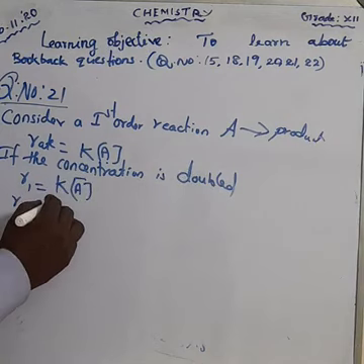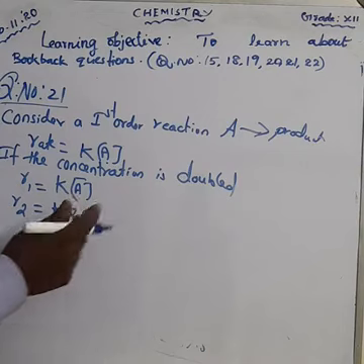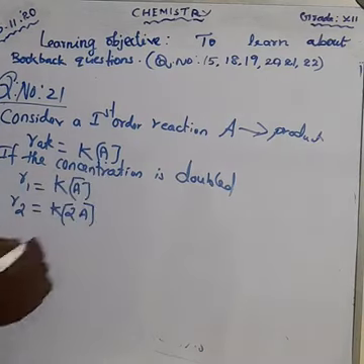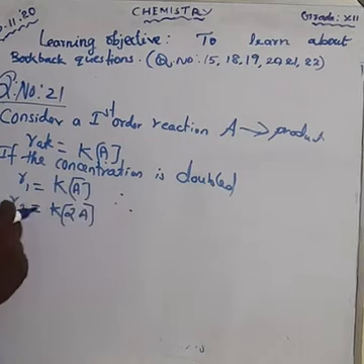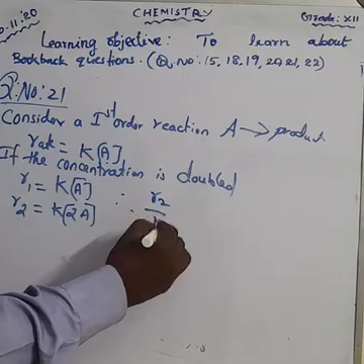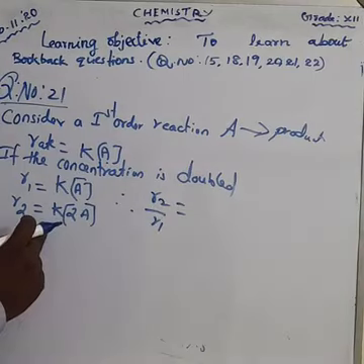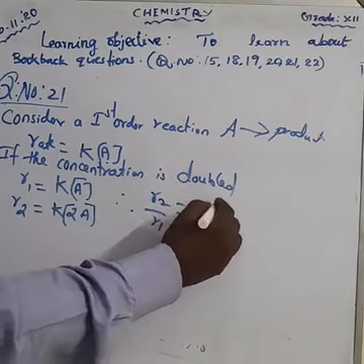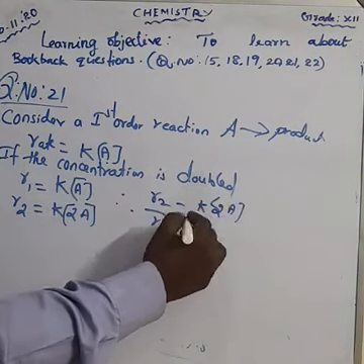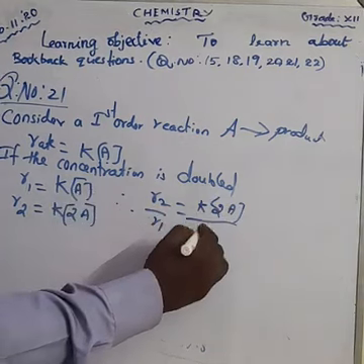R2 is equal to K into 2A. Double means 2A. Therefore we can write R2 by R1. R2 is K into 2A, R1 is KA.